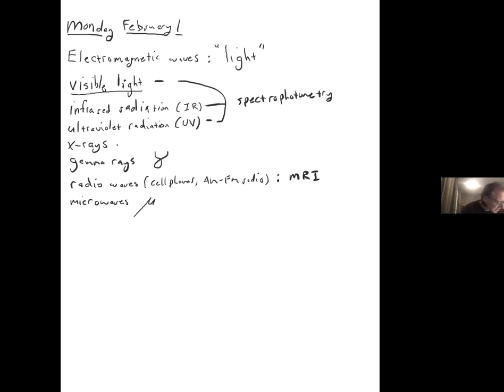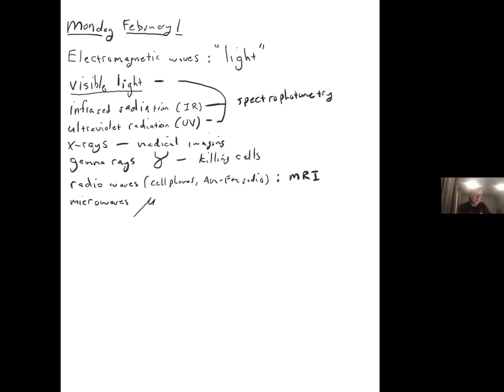X-rays, of course, are used in medical imaging. And gamma rays are not used as much in imaging yet, at least not yet, but they are definitely used in terms of killing cells, cancer cells, for example. So pretty much all of the different forms of electromagnetic waves are used in different medical fields now.